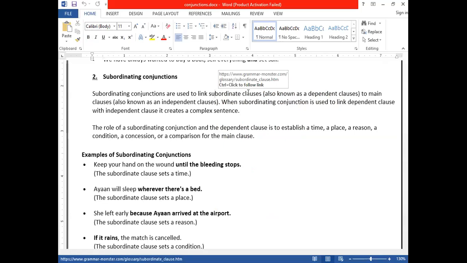And it is also called a dependent clause, linked to the main clause, known as the independent clause. Subordinating conjunction is used to link an independent clause.